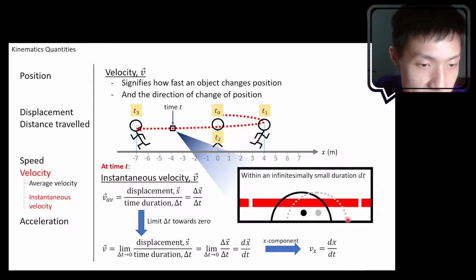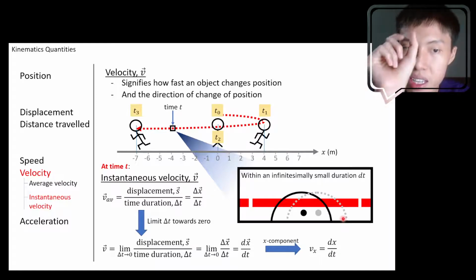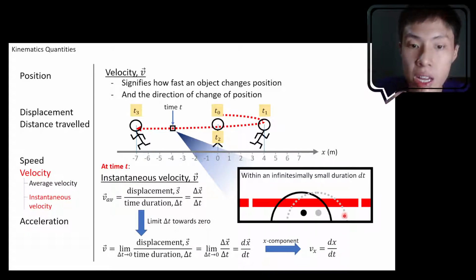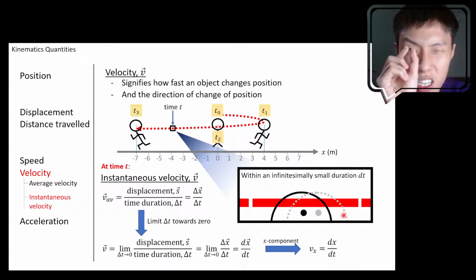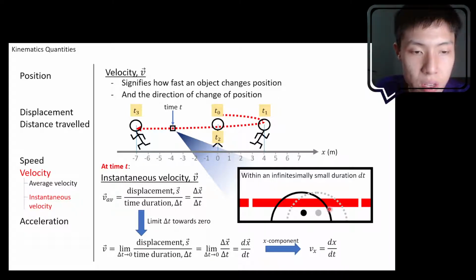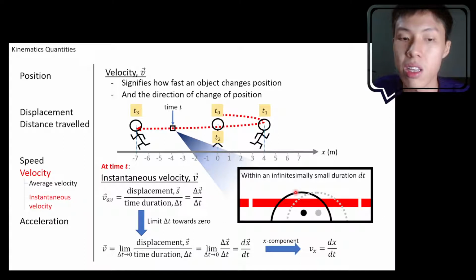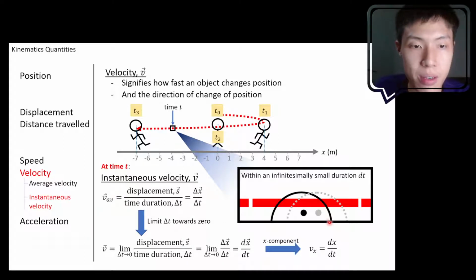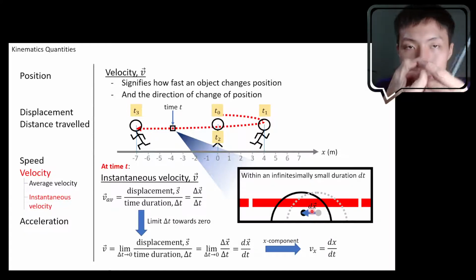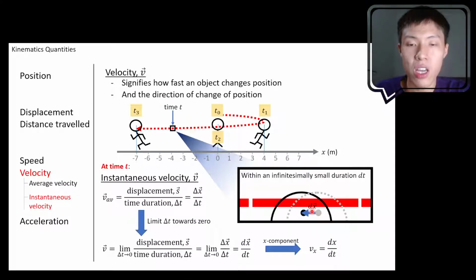As you can see, initially the person's head is over here, but within that infinitesimally small duration, the person undergoes a small change of position towards this final position, represented by the black half circle. We can represent this change of position as dx. Since it's an infinitesimally small time duration, a very short time window, you are not able to travel a very complicated path.